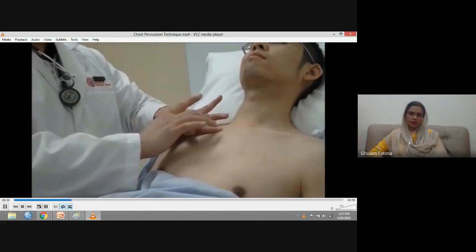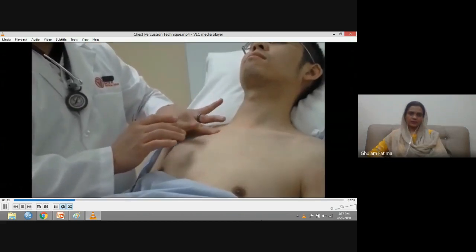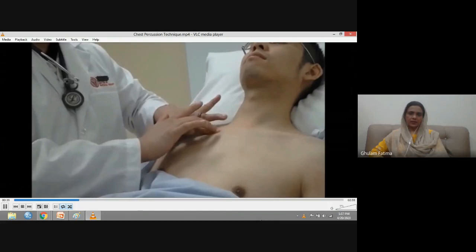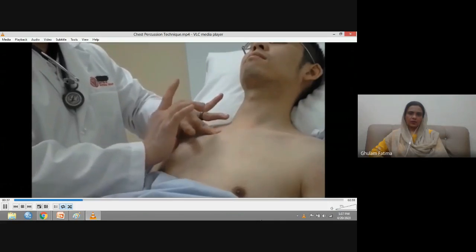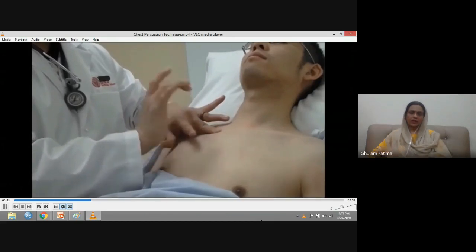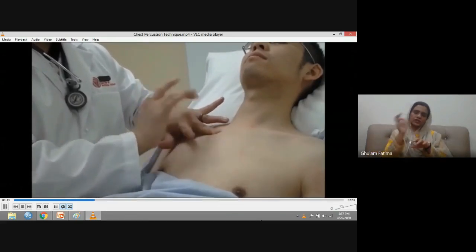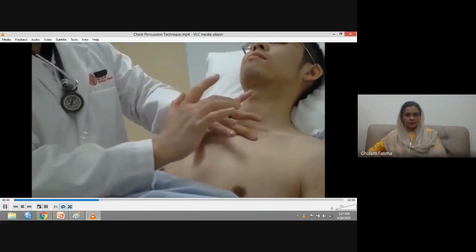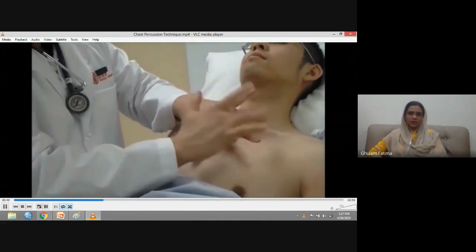So this is how you will place your finger, and then you will be percussing with the middle finger of the other hand in a very rhythmic manner, using just your wrist, moving from one side towards the other side.